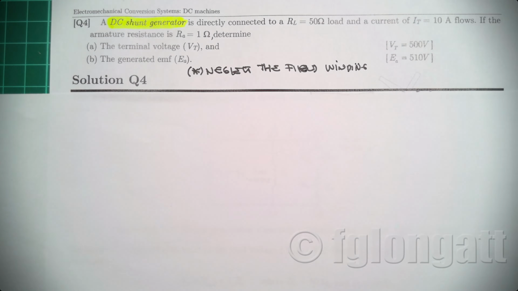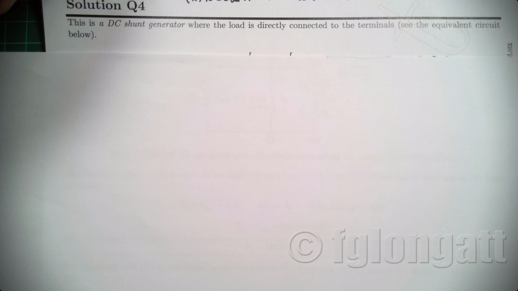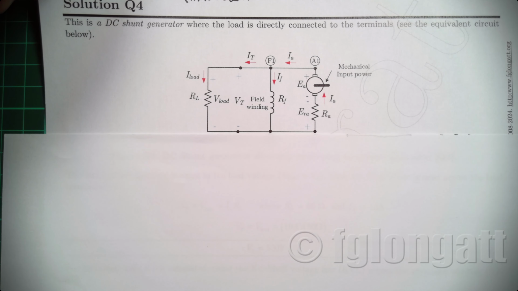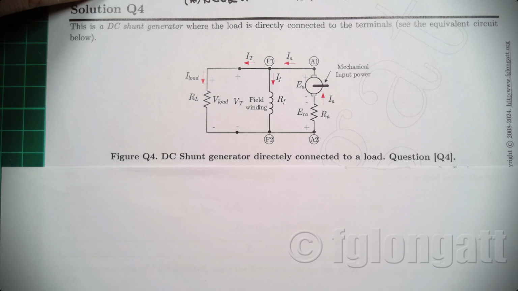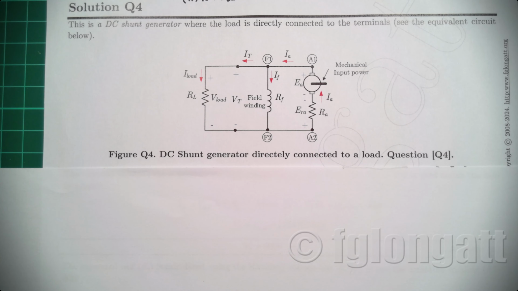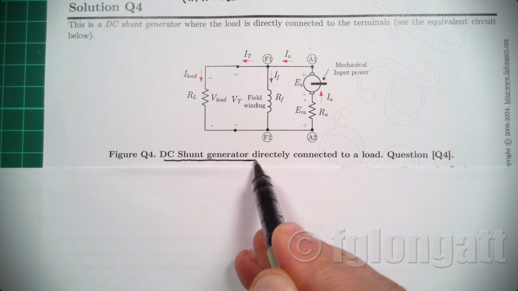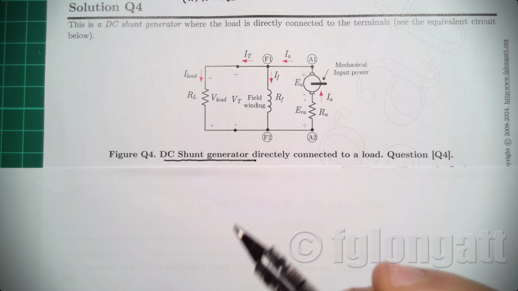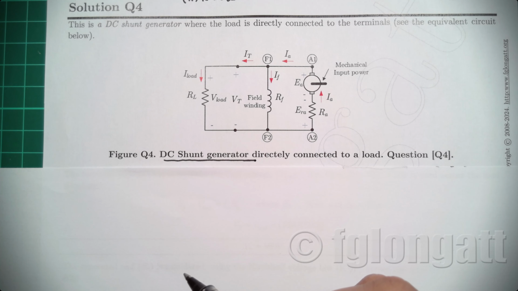So again, the important part in this exercise is that you understand the circuit model of the DC machine. If you look over here, this is the circuit model for the DC shunt generator. So why do we use the name DC shunt generator?